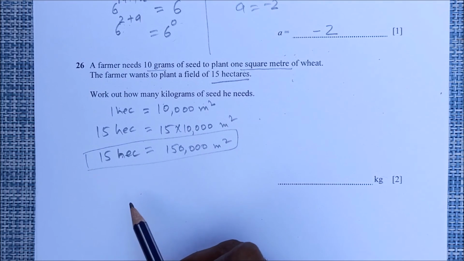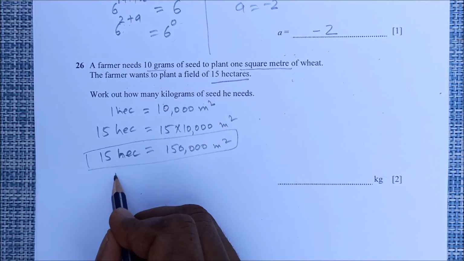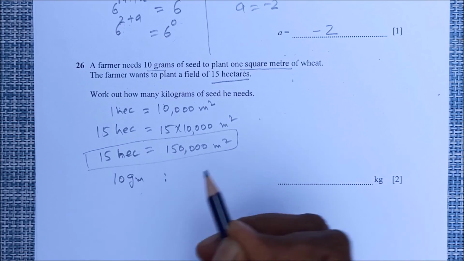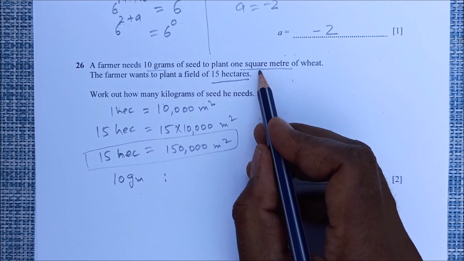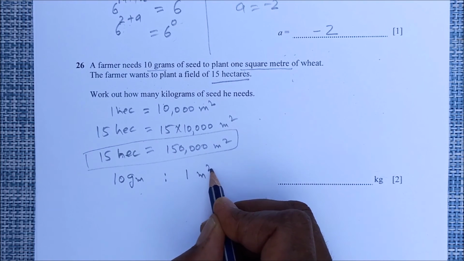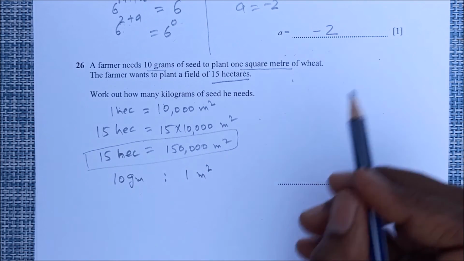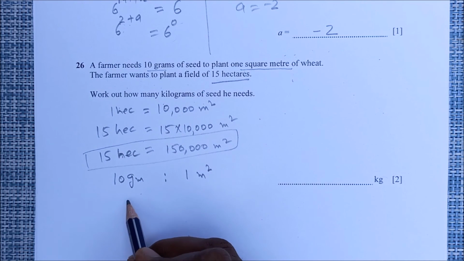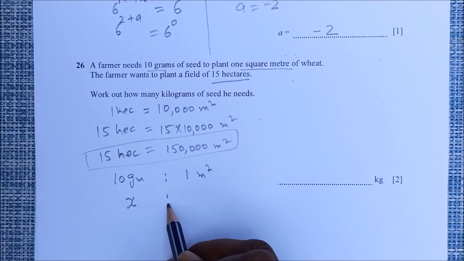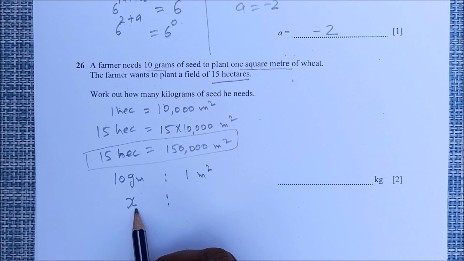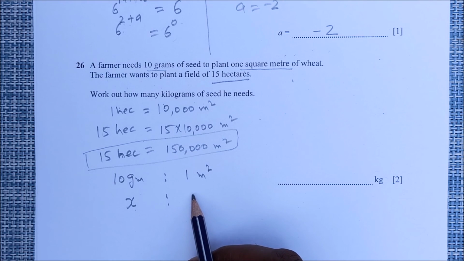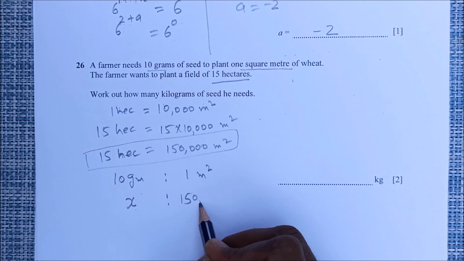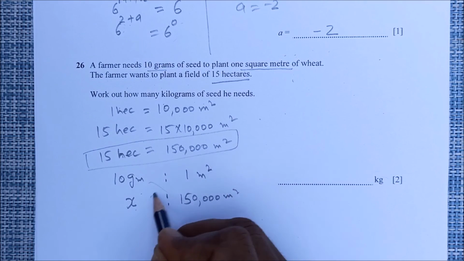Now the question is, 10 grams of seeds can be planted in 1 square meter of wheat. So how many kilograms? We need kilograms. First we find the answer in grams, then we can convert that. X is how many grams of seed can be planted in how much area. The area we have is 150,000 square meters. So just cross multiply.